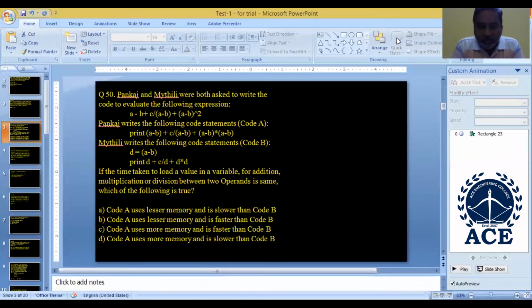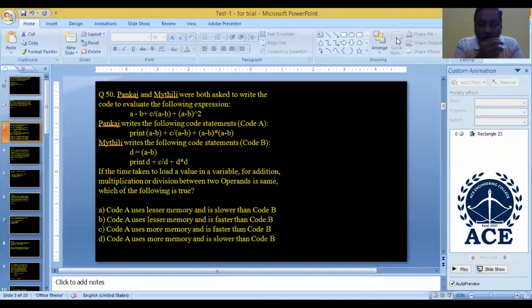Maithili writes the following code statement, called code B. D is equal to A minus B. That means Maithili computes A minus B and stores it in a memory variable called D. If the time taken to load a value in a variable for addition, multiplication, or division between two operands is the same, that means the time taken to access the variables is one and the same, which of the following is true?